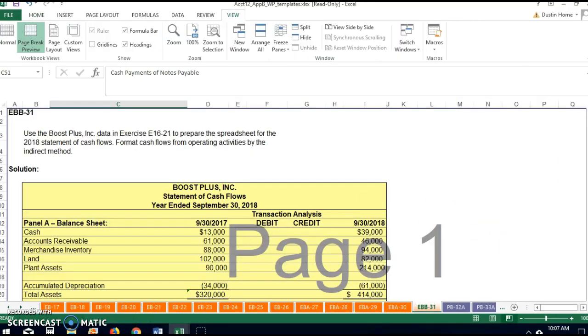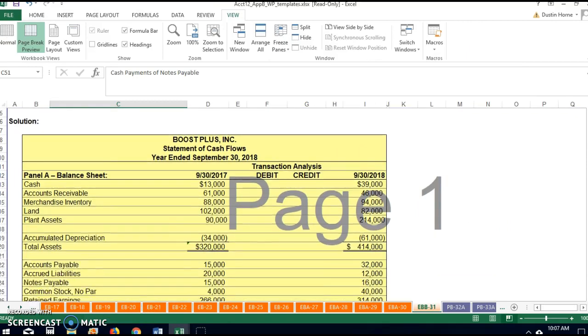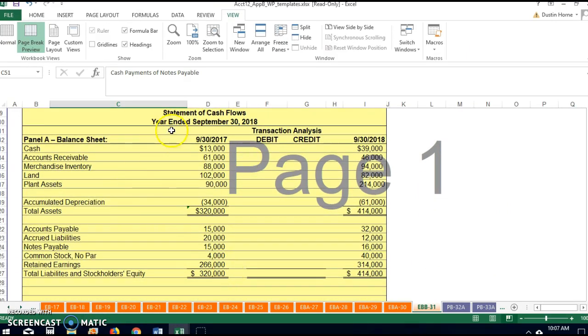If we look, I've already filled the spreadsheet out, and all I did was take my balance sheet accounts and put them on here. Here's the beginning, here's the ending. Make sure that total assets equals total liabilities and equity. I didn't do anything but copy these over from the actual balance sheet. And then over here I did the same thing, and I checked to make sure total assets equals liabilities and owner's equity.